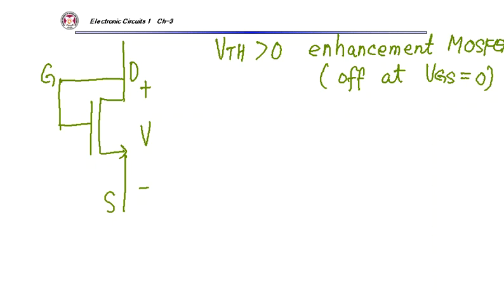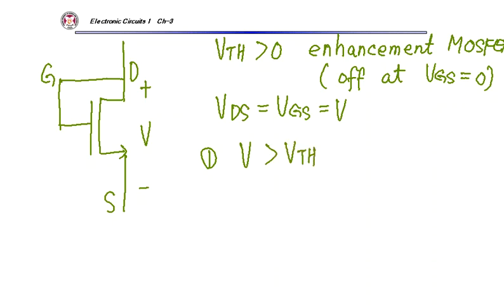Here my drain source voltage is the same as the gate source voltage, that's V. When V is larger than the threshold voltage, this works in the saturation region.